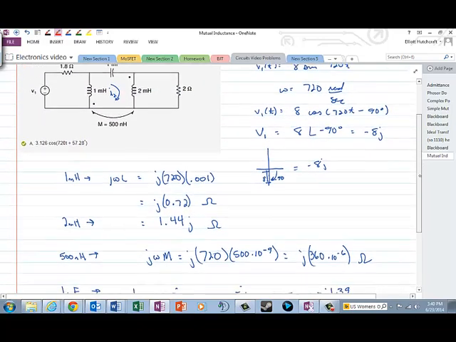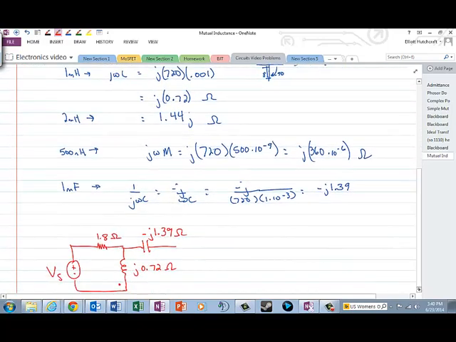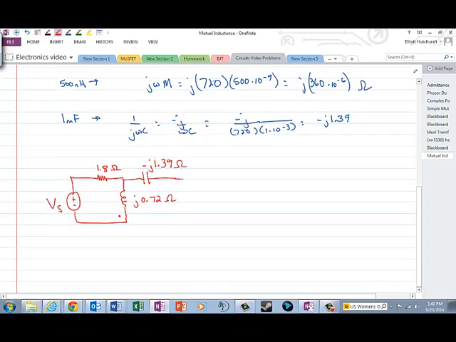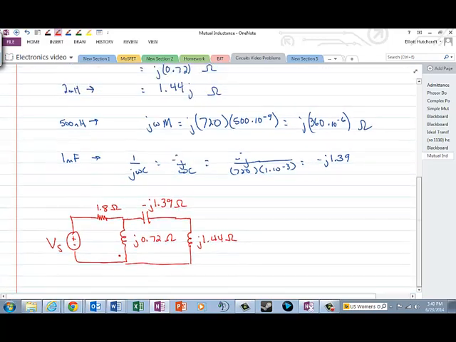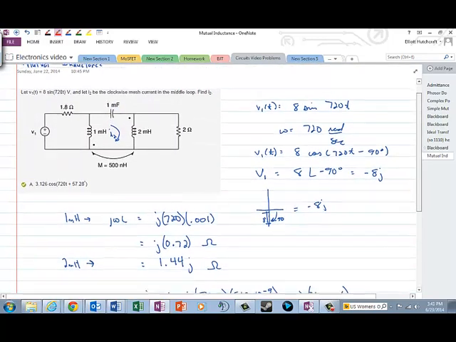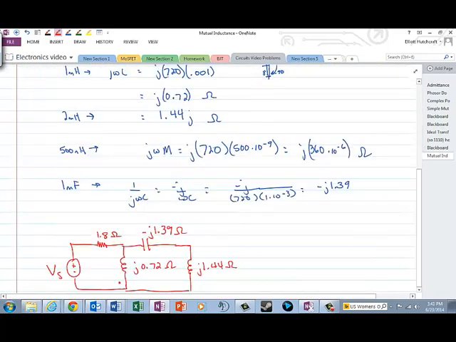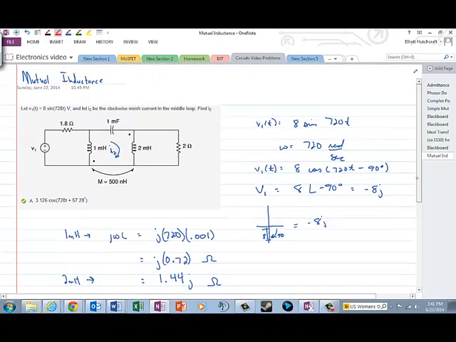And we have a 2 millihenry inductor, which we said was j 1.44 ohms. Then we have a 2 ohm resistor there.